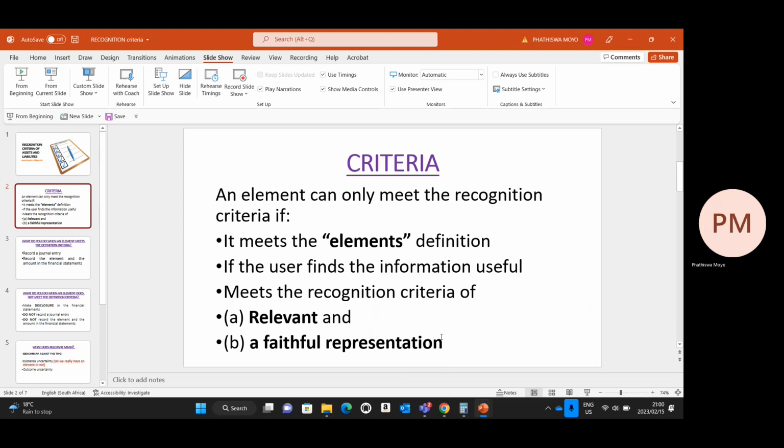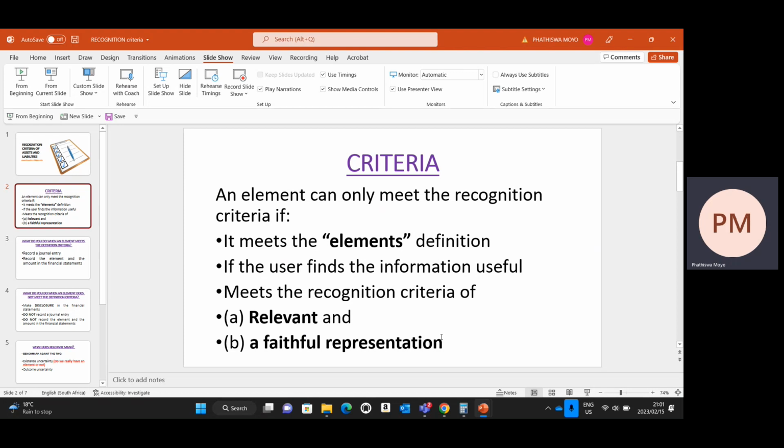Okay, so the next thing is if the user finds the information useful, then the case study or the question, or the element that has been identified prior, whether it's an expense or an asset, must meet this second dimension.